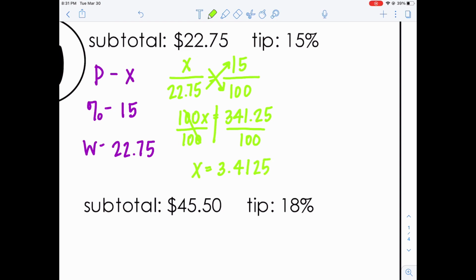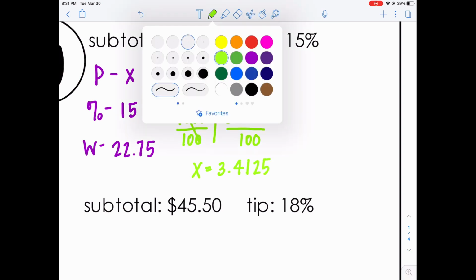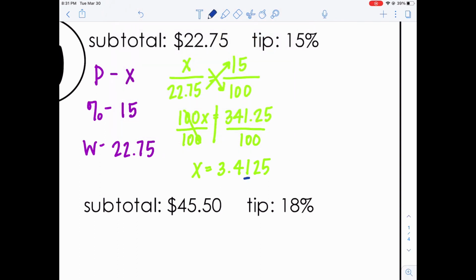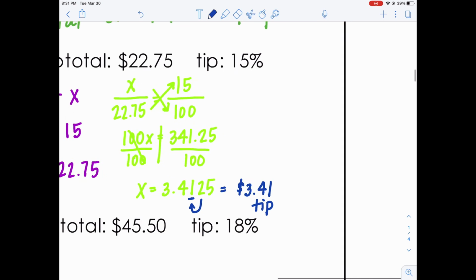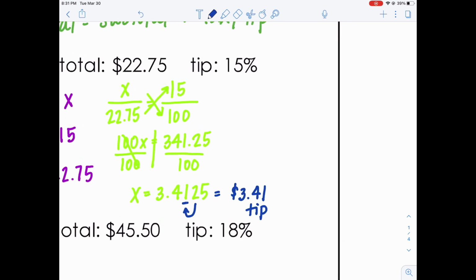Remember, money rounds to two decimal places. The 1 is in the second decimal place, so I'm going to look to the number behind. The 2 tells the 1 to stay, so this means that it is going to be $3.41 in a tip.